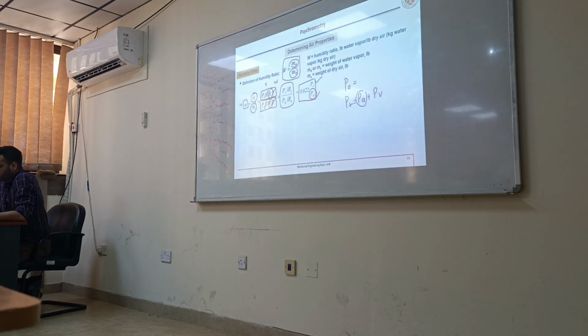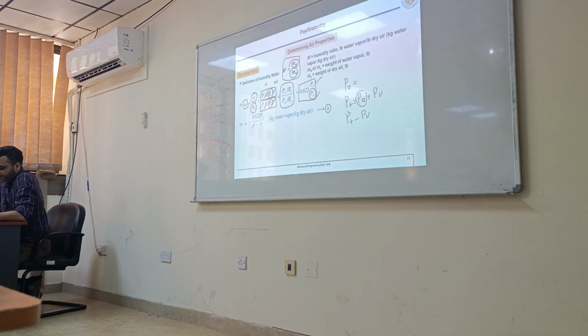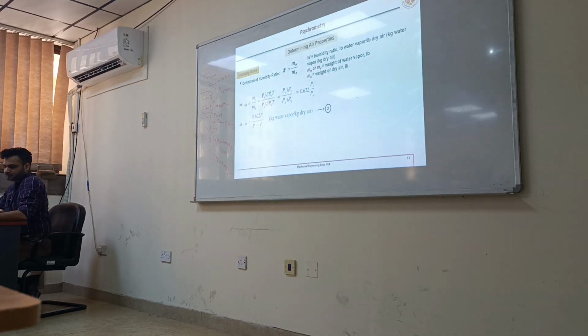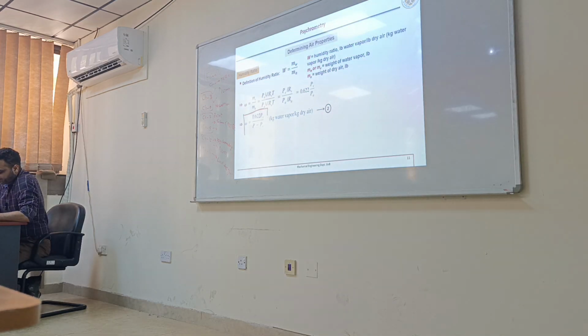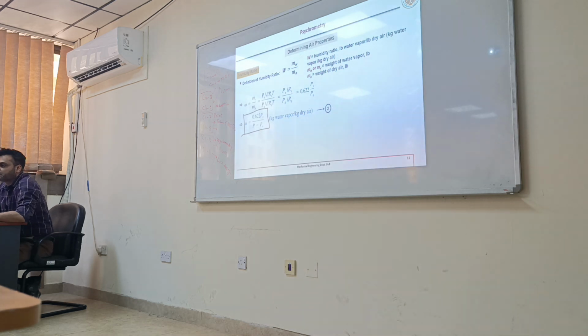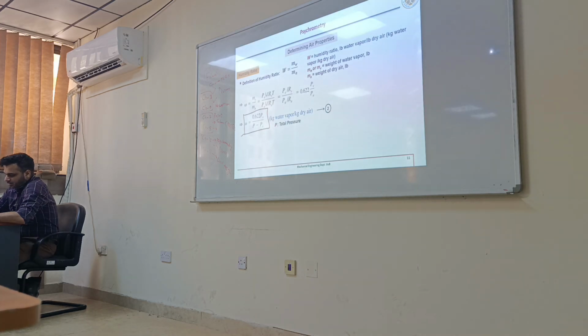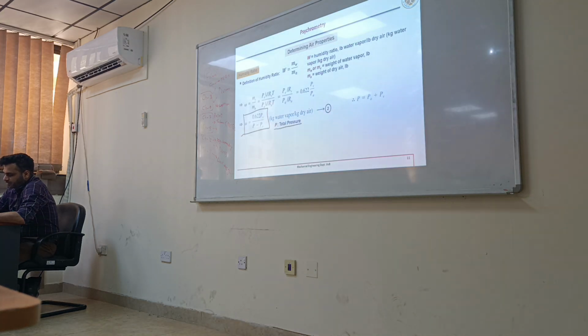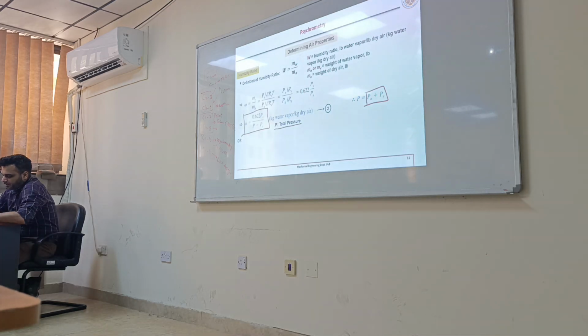So I can write P_a as P total minus P_v. So we can write the same equation like this. So specific humidity equation in terms of pressures, total pressure or dry air pressure and vapor pressure, where P is the total pressure, where P is P_a plus P_v.